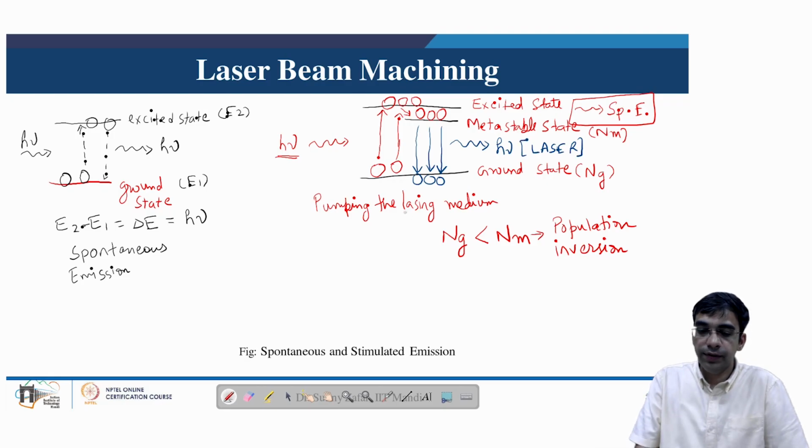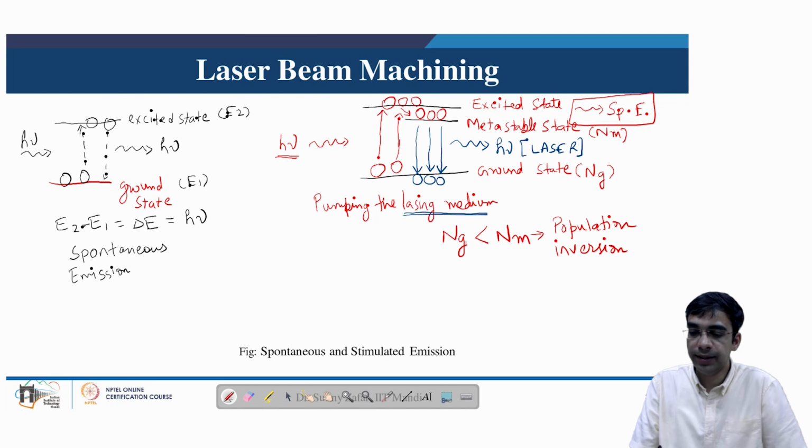So to do this, we have this special medium known as the lasing medium. The lasing medium is different from any other material because it is engineered to have this metastable state, which is generally absent in other materials. By this phenomenon the laser is produced, and this phenomenon is known as stimulated emission.